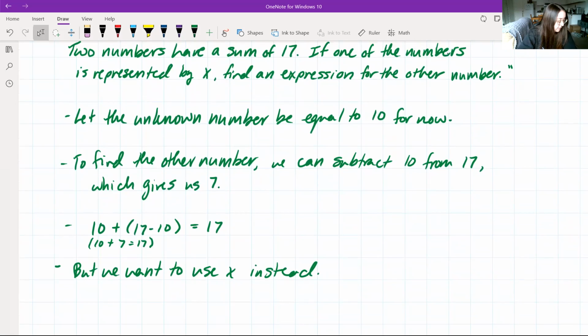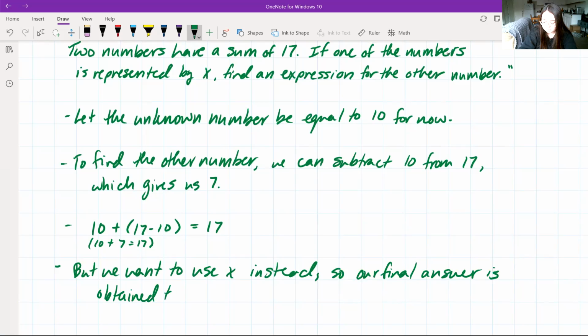So we want to use x instead. So our final answer is obtained the same way we got our last answer using 10.